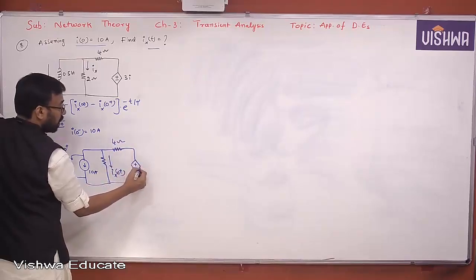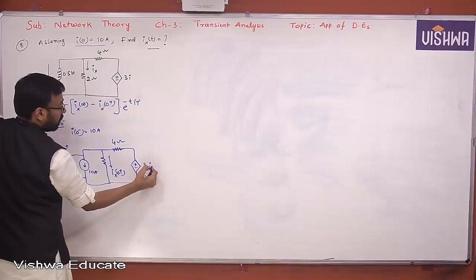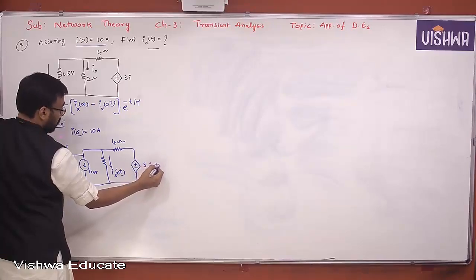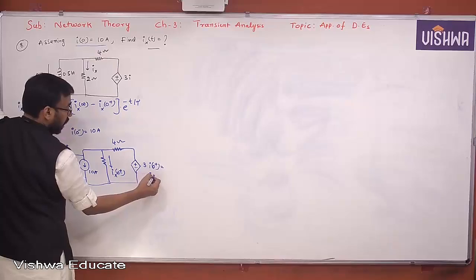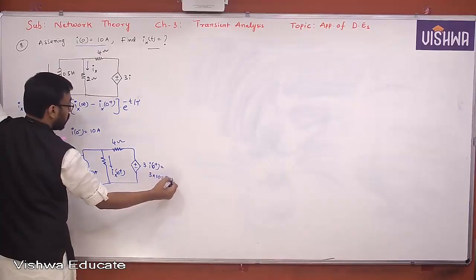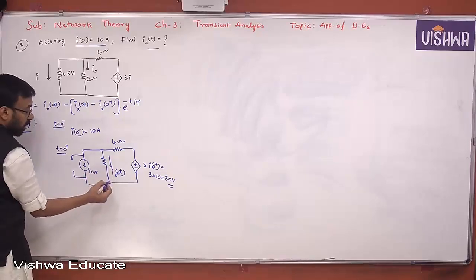Understand all of you? So what is this becoming here? I of 0 plus, what is the current flowing here? 10, 3 into 10, 30 volts. It is a current dependent voltage source. And your objective is to find this value.